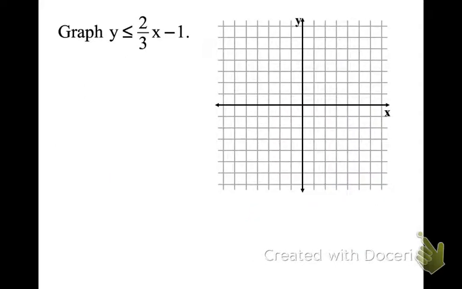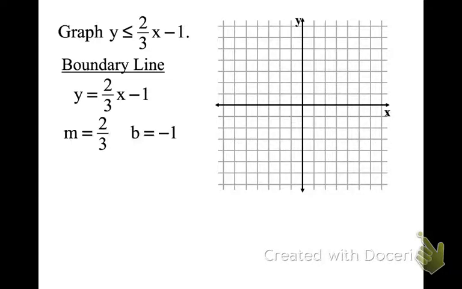All right, so now we have two variables. We're going to treat this temporarily like an equation. When you graph an equation, what do you have to do? Right, and what do I have to find? M and B. And so my M is 2/3, and my B is -1.